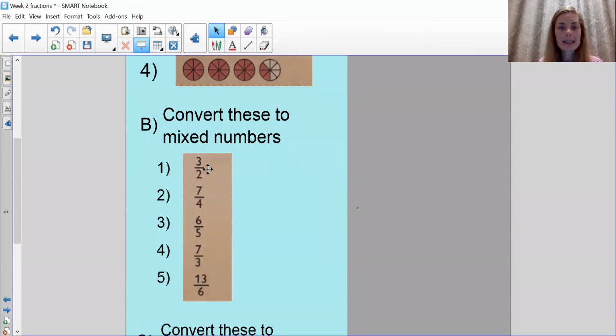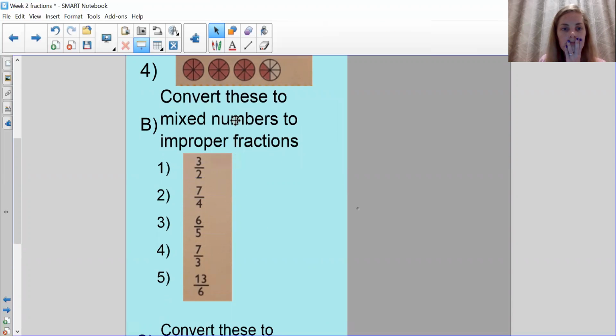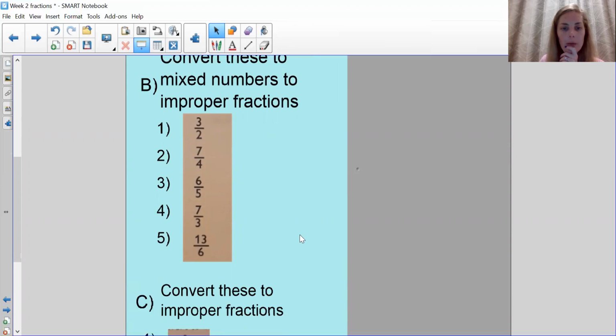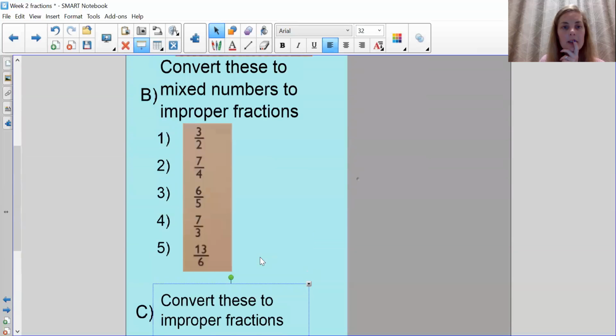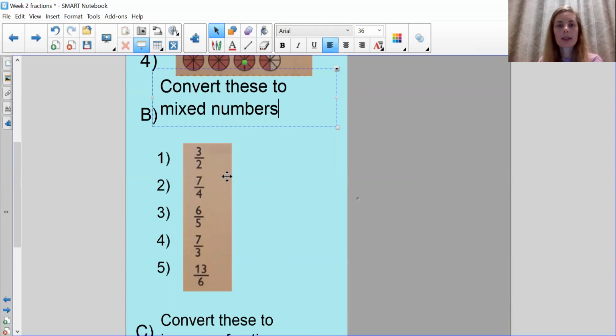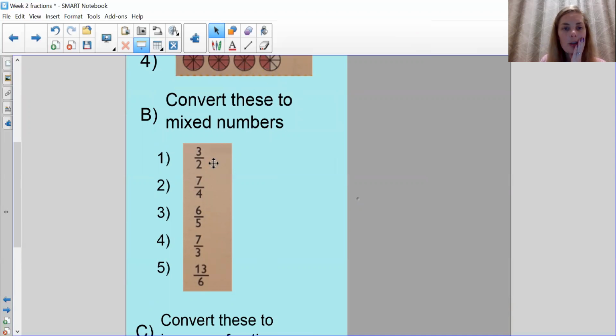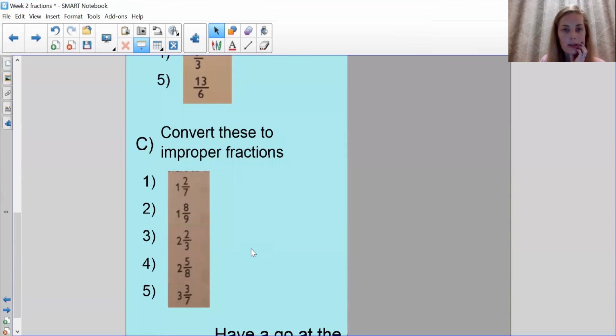Then convert these mixed numbers to improper fractions. Okay, all right, so how many times does 2 go into 3, and what am I left over with? Sorry, convert these to mixed numbers, and then convert these to improper fractions, okay?